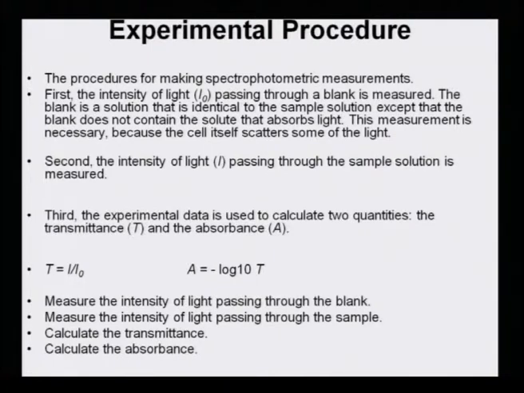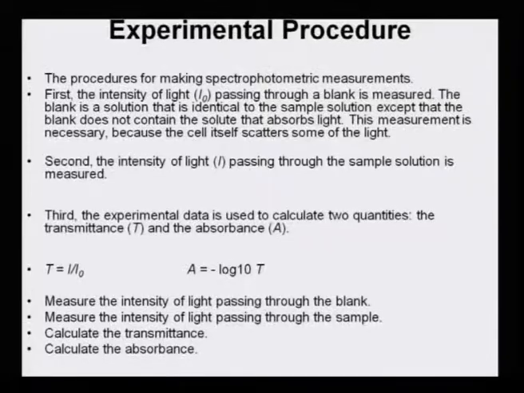So, the blank is just the solvent, whatever the solvent of measurement, and the sample will have the solvent and the analyte. This measurement is necessary because the cell itself scatters some of the light. It is only for zero corrections, so that anything absorbed by the solvent should not create any interference, and therefore the solvents are kept the same.